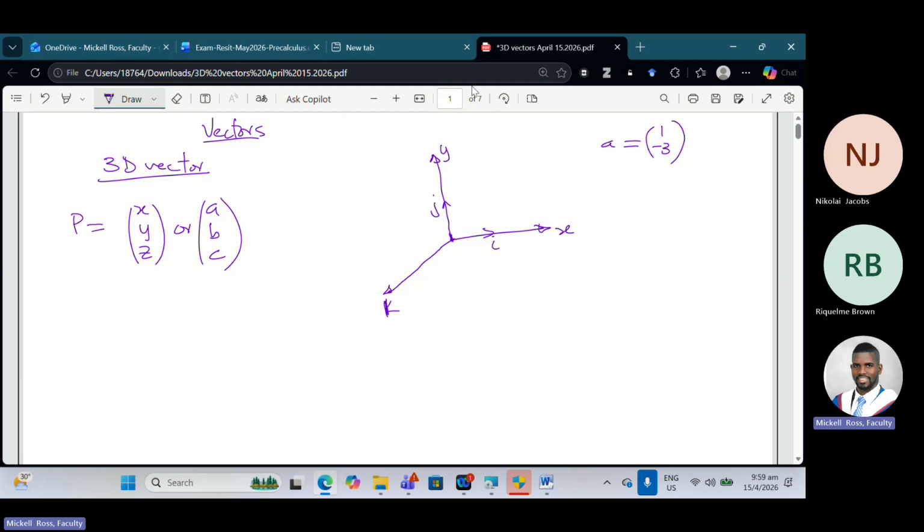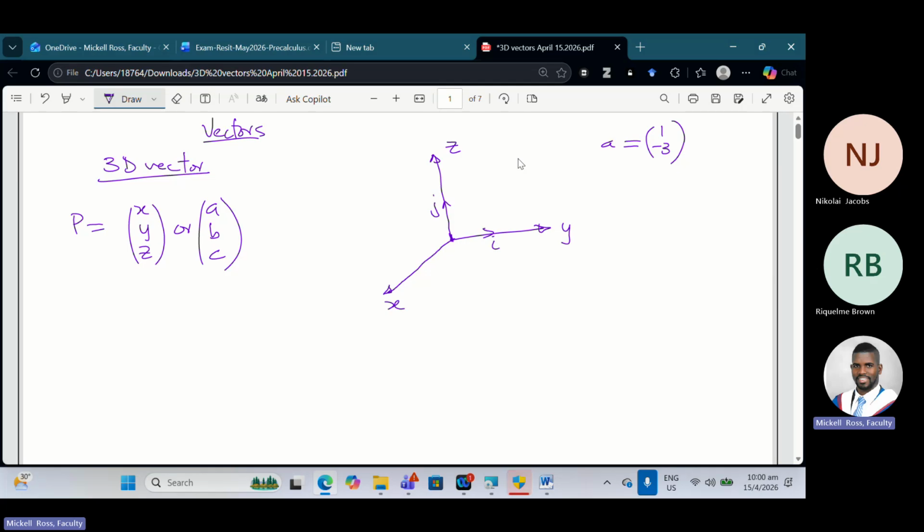And it is not uncommon to find them represented like this. So you will see it represented in 3D as z, y, x, right? So it's not uncommon to see it represented like that, all right?